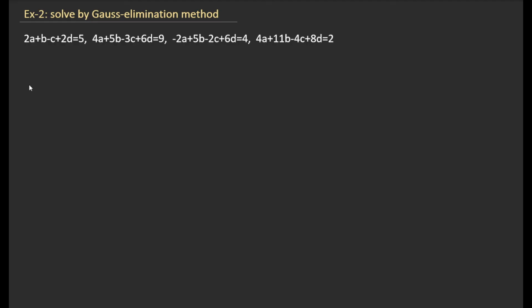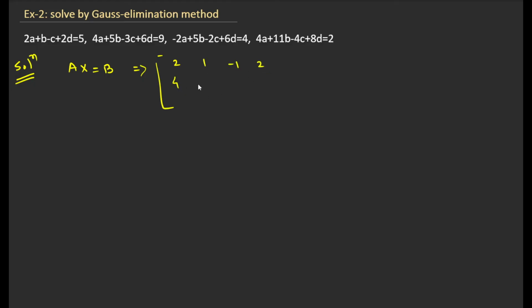Okay, now let us take one last problem. Not 3, 4 variables, it is 4 variables. In the last problem there were 3 variables; now it is a problem of 4 variables. So first we'll write it in matrix form AX equals B. Here our A will be 2, 1, minus 1, 2.